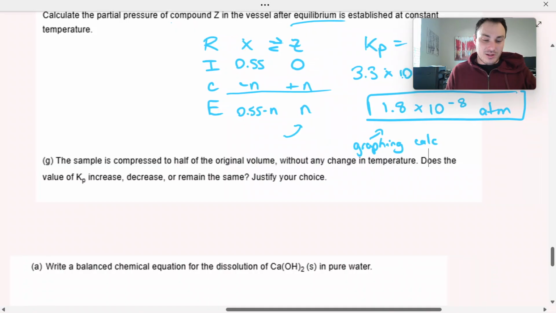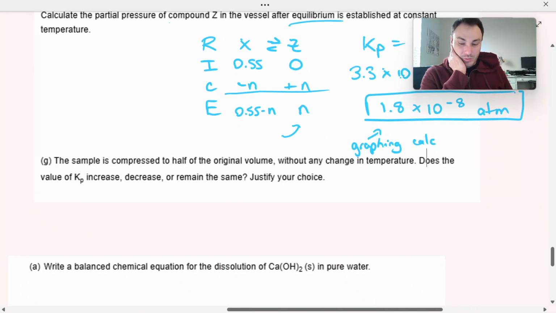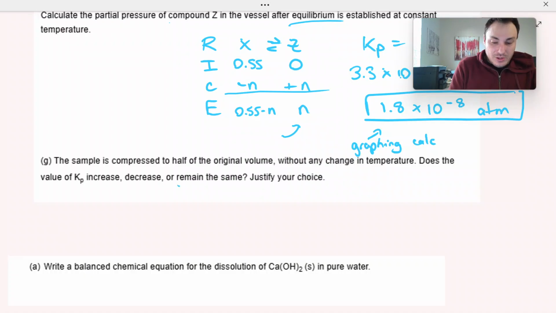A sample is compressed to half the original volume without any change in temperature. Does the value of Kp increase, decrease, or remain the same? K is going to remain the same. K only changes when we have a change in temperature, and we're specifically told there is no change in temperature.